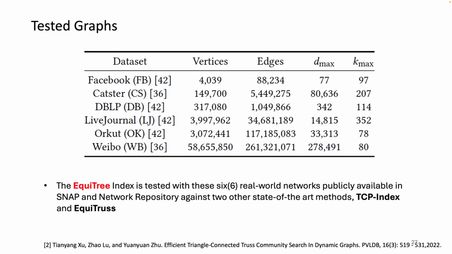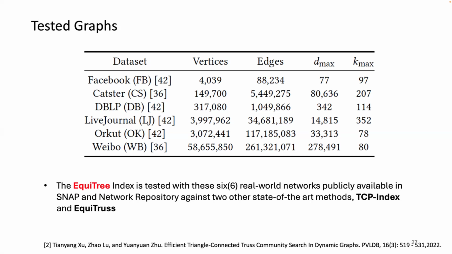What is Kmax? Maximum Truss number. So we tested against these six real-world networks, and we discovered that the Equitree performs better than the previous solutions, which are the TCP index and Equitruss.